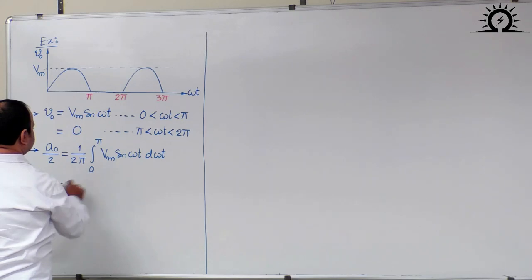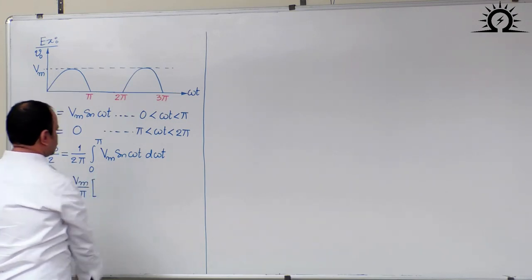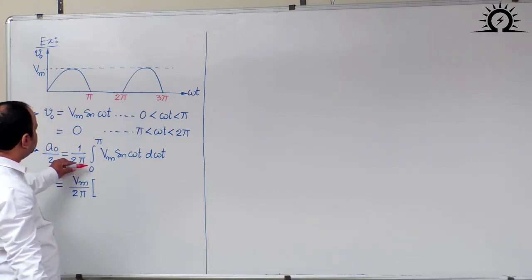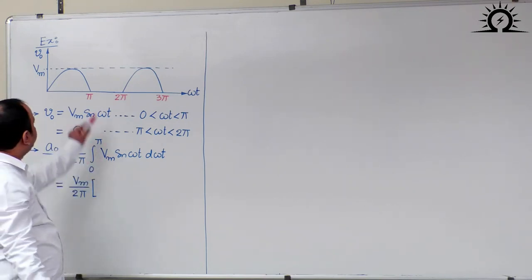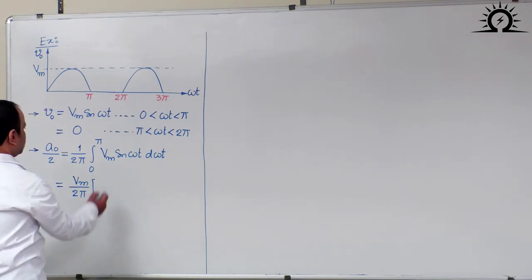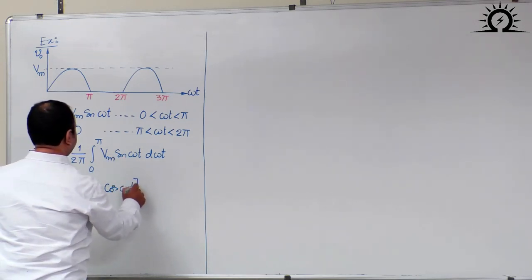So here if I take Vm outside, so Vm by 2 pi, so strictly speaking you need to write integration from 0 to 2 pi, but pi to 2 pi it is 0, hence I stopped at pi itself. So what is integration for sin omega t?